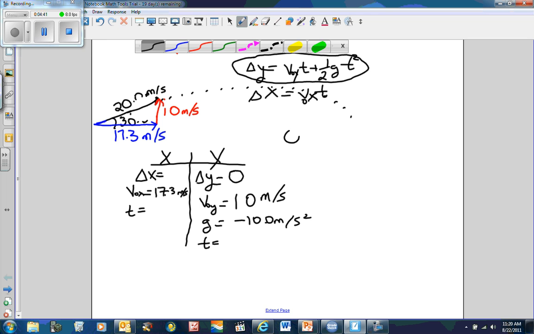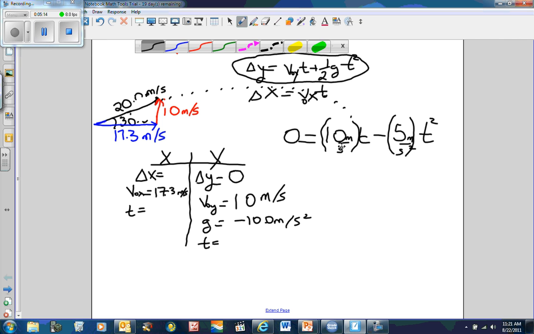So 0, that's our delta y, because we start on the ground and end on the ground, equals 10 meters per second times t minus 5, half of 10 meters per second squared is 5 meters per second squared, times t squared. We'll put parentheses around this too.